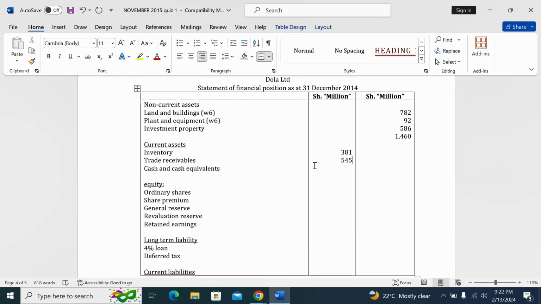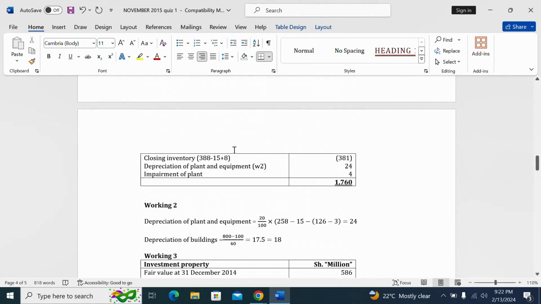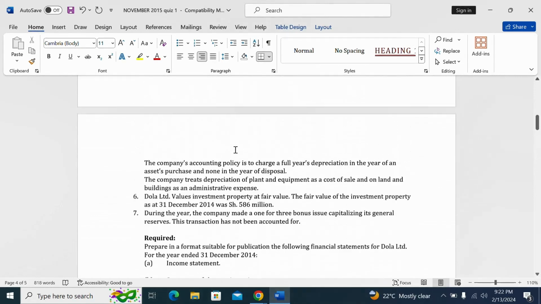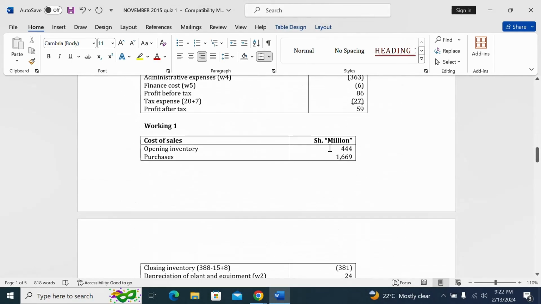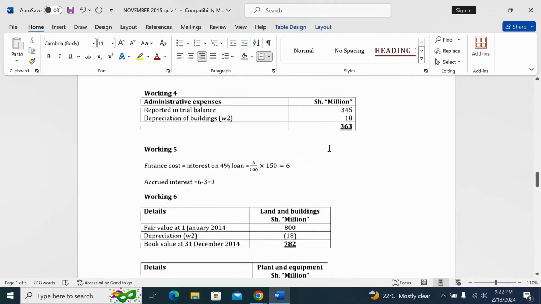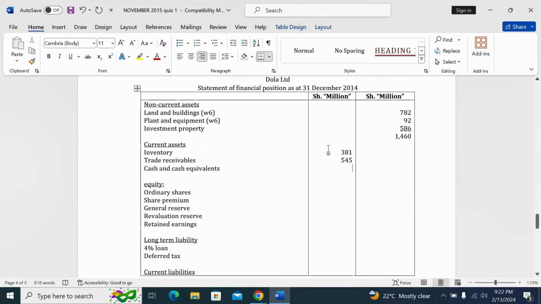Then we go to the cash and cash equivalents. From the trial balance, cash and cash equivalent is 28 million.